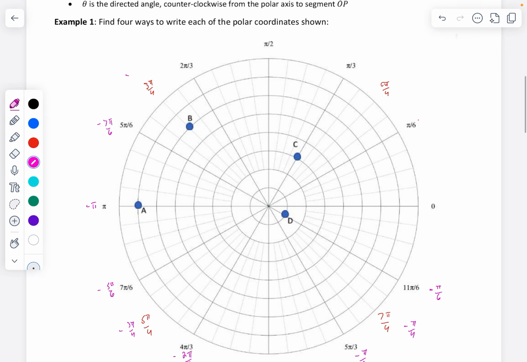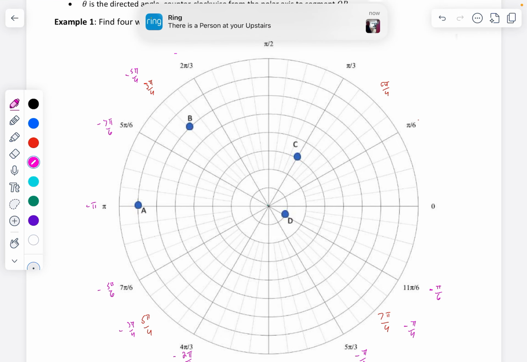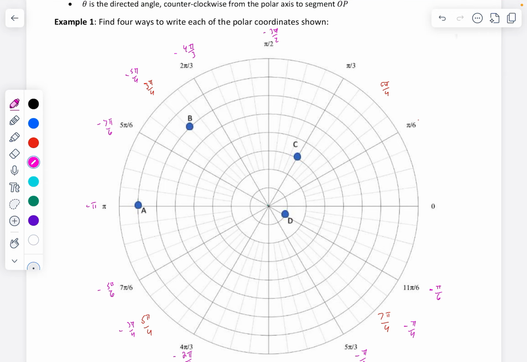Negative 5 pi over 4. Negative 4 pi over 3. Negative 3 pi over 2. Negative 5 pi over 3.